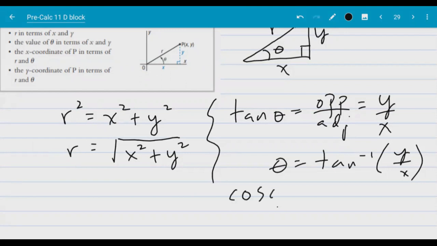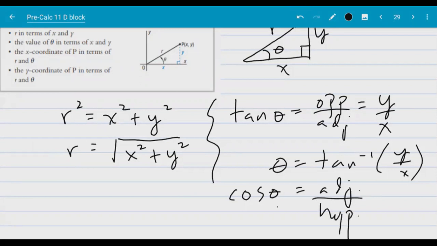Now, cosine of theta is equal to x over r because it's opposite. Oh, it's adjacent over hypotenuse. Okay, so once again, it is adjacent over hypotenuse.